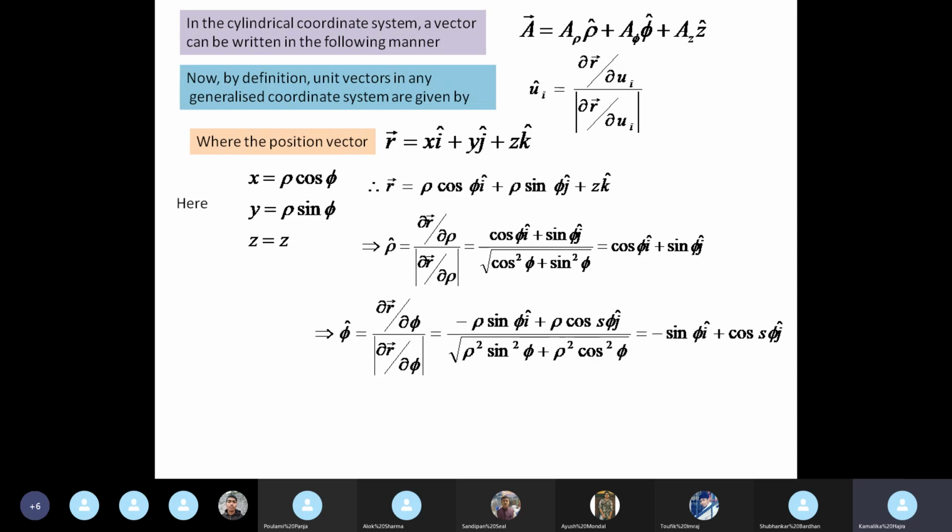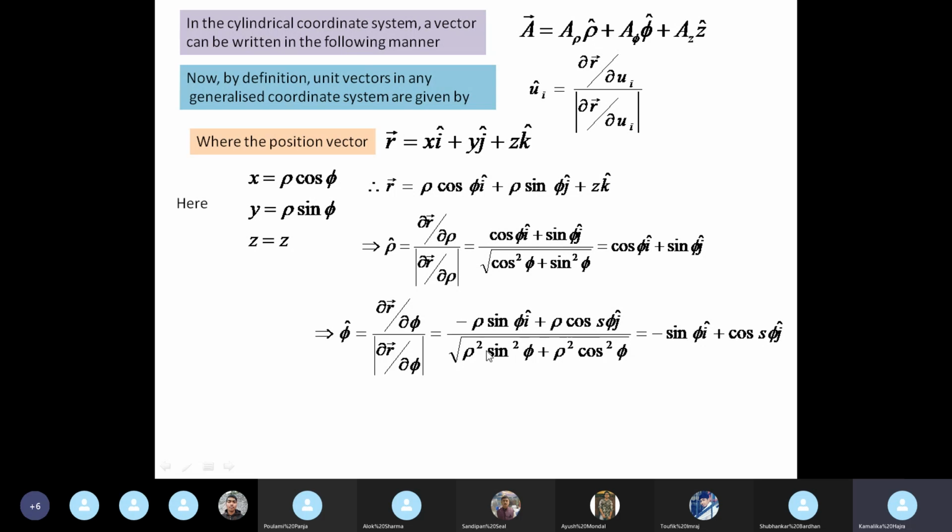Next we have to find out phi cap. Again, similarly, del r del phi divided by mod del r del phi. Again, you take the derivative of this expression here with respect to phi. So you get minus rho sin phi i cap plus rho cos phi j cap. z does not contain phi, so it won't give a term. And downstairs you have the mod, so root over rho square sine square phi plus rho square cos square phi.